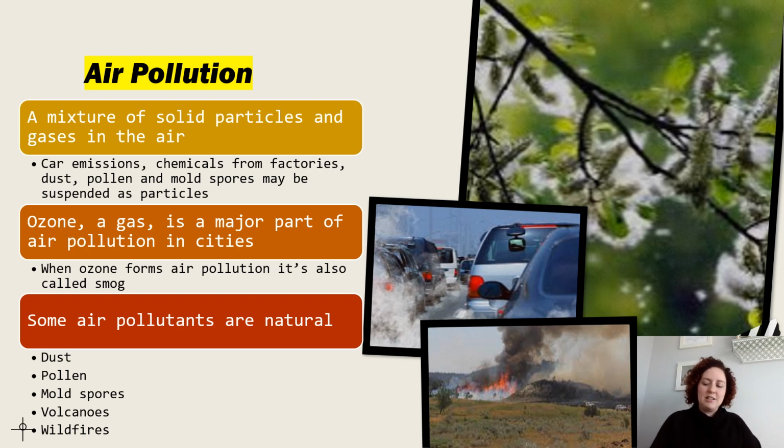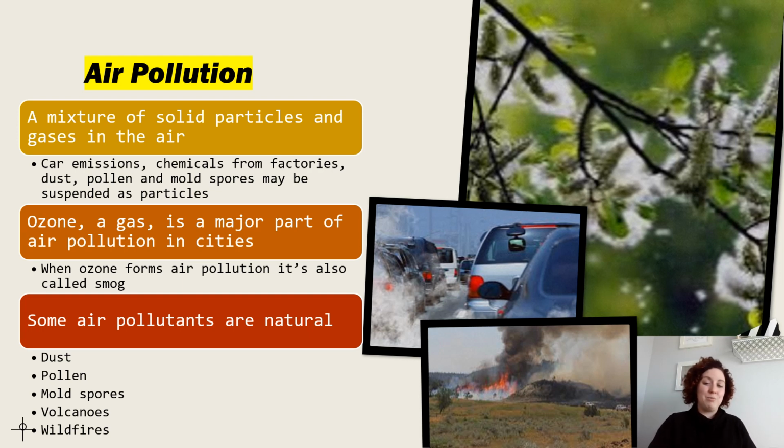Now, when we say air pollution, we have to understand that there are two different types of air pollution. There are synthetic air pollutions, which are man-made, and then there are natural air pollutions, things that just happen, such as dust. Dust is just a thing. It's here. There's no way to lessen it.